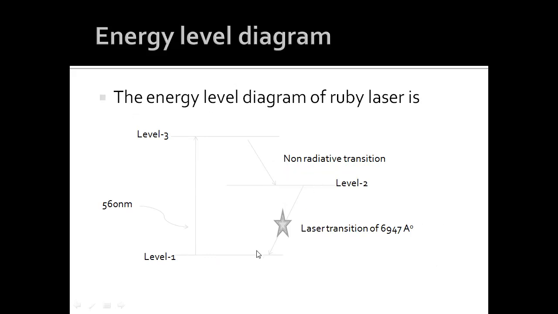From level 2 to level 1, population inversion is created so that the stimulated emission rate will be predominant. At some point, due to the feedback system, the number of photons produced will reach the required intensity, and a laser transition of 6947 angstroms will be produced by the ruby laser.